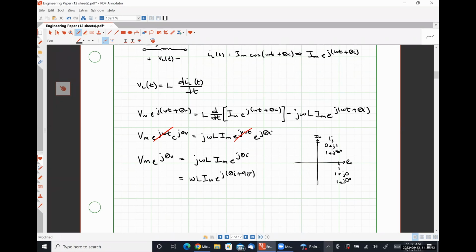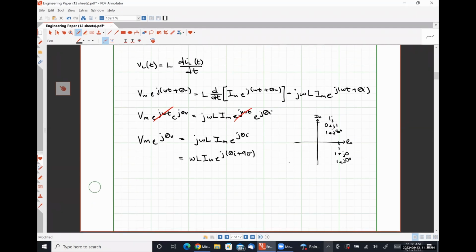All right, so on the left-hand side, I have a complex number represented only by magnitude and phase angle. So that's the same as my phasor voltage, VL.